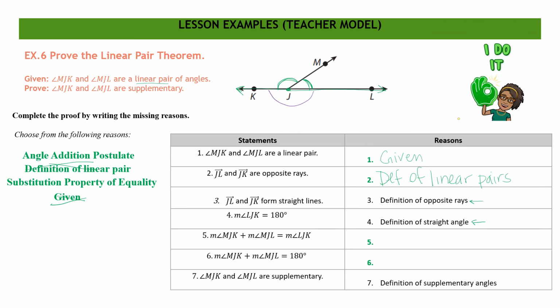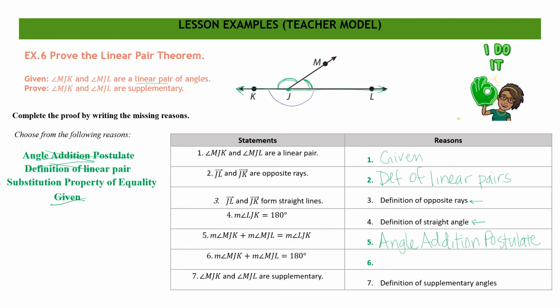So remembering back to lesson number 2, we talked about if I have a piece of one angle added to a piece of another angle to add up and equal a full angle, that is called the angle addition postulate. Okay, so that would be the reason for number 5. So we can get rid of that one now.